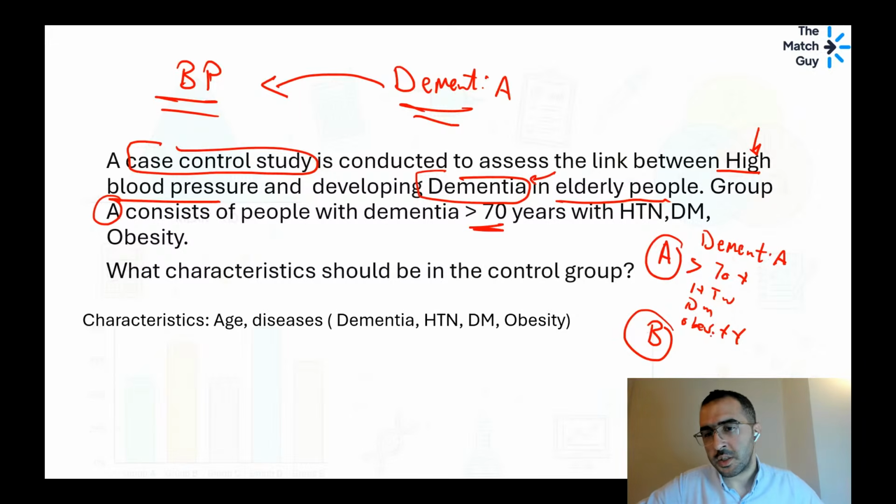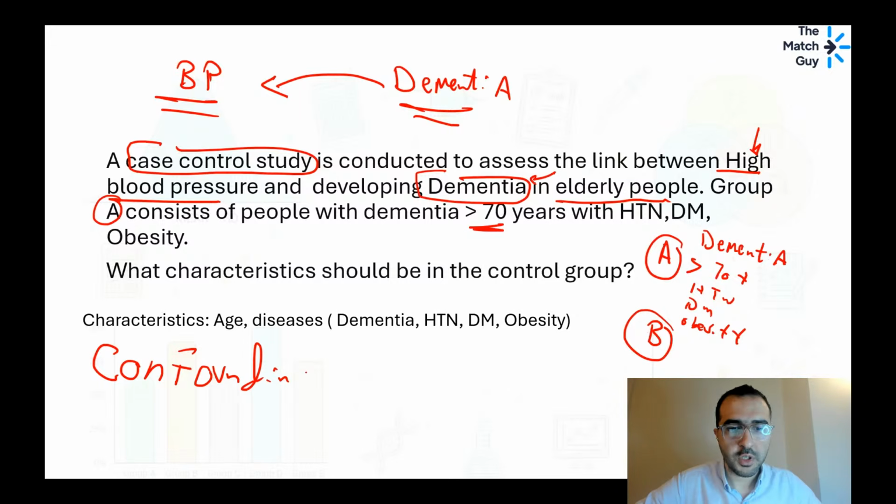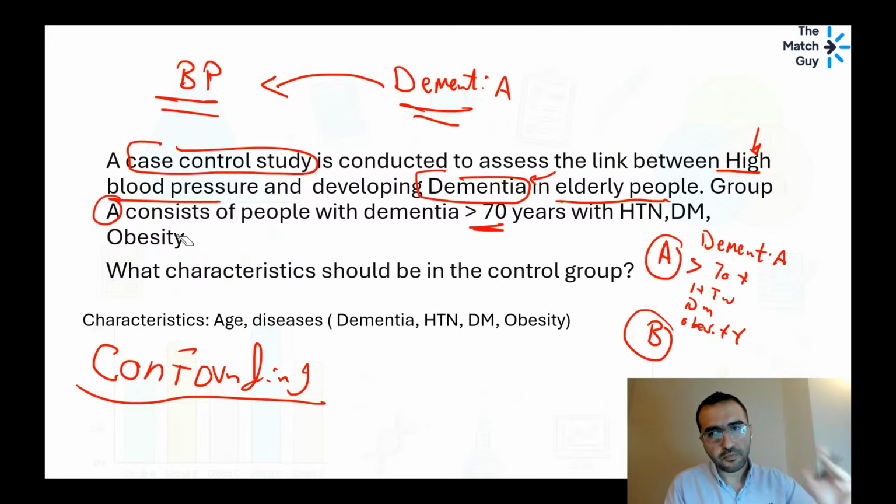If you think that group B should be without risk factors, this will be considered wrong. Why? Because there is a common statistical concept called confounding or confounders, which may result in confounding bias. For example, let's say that hypertension caused dementia, and in group B we include people without diabetes, without obesity.